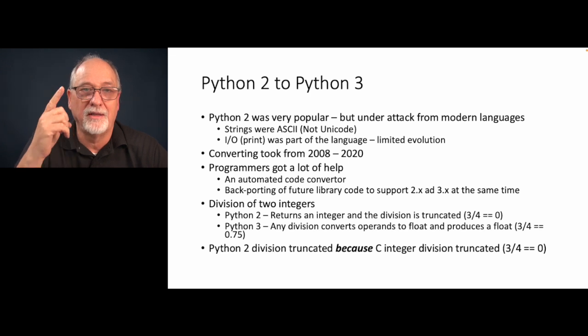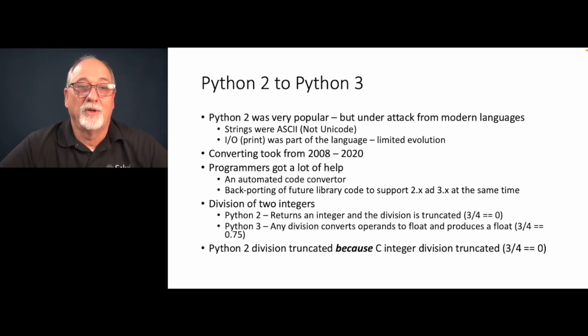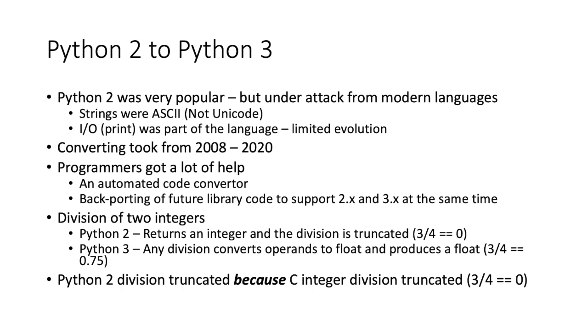The one thing that they really never could crack, and we just had to bite the bullet and get used to, was that Python 2 returns integer, and the division is truncated. So 3 divided by 4 is 0 in Python 2. And in Python 3, integer 3 divided by integer 4 becomes a floating point 0.75 because that's what calculators do.